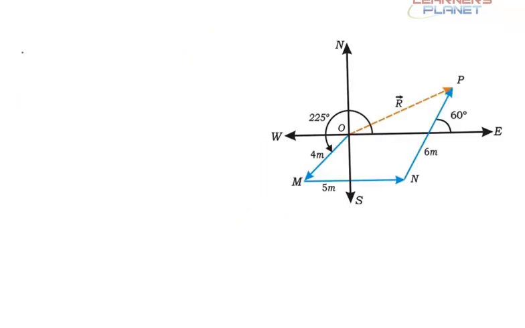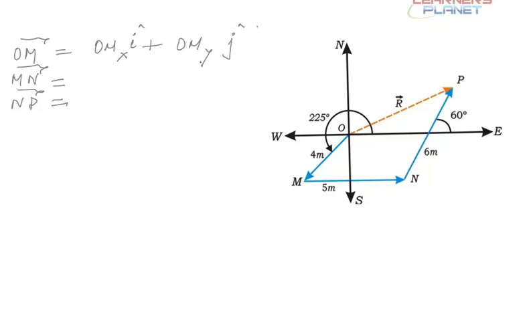Now let us write all the three vectors, which are OM, MN and NP, in rectangular component form. That means OMX i cap plus OMY j cap.